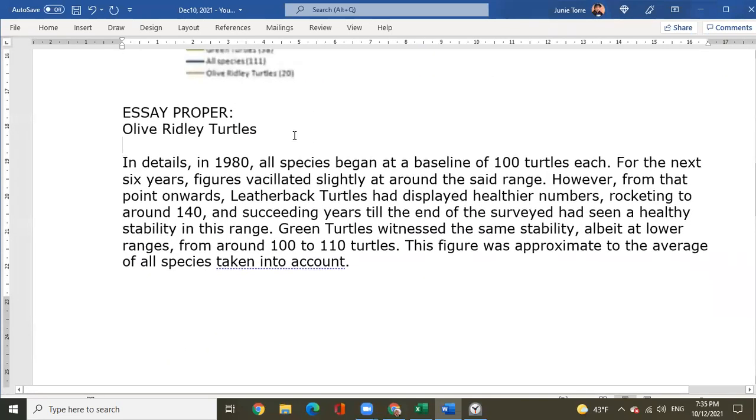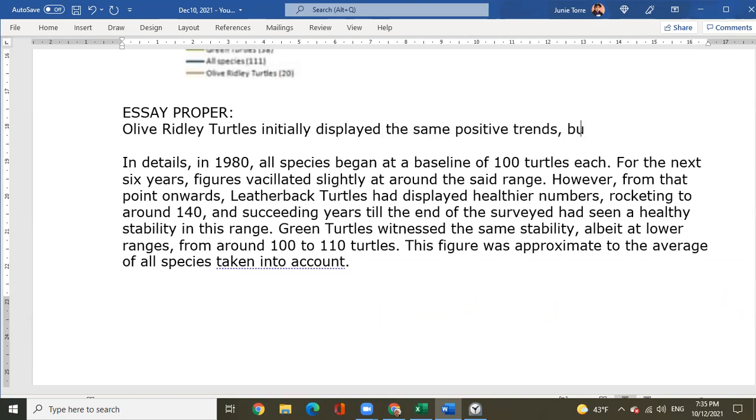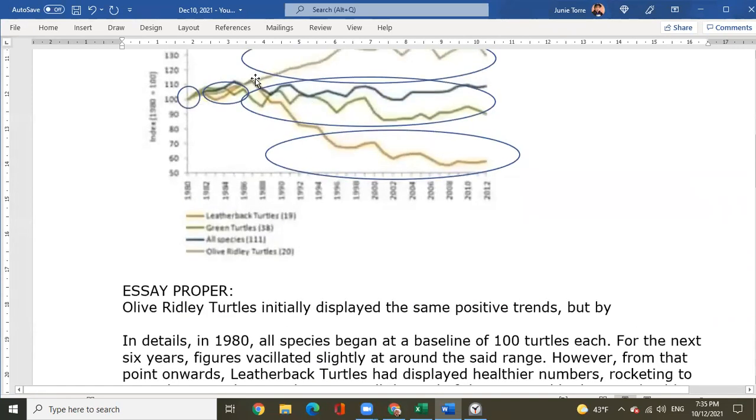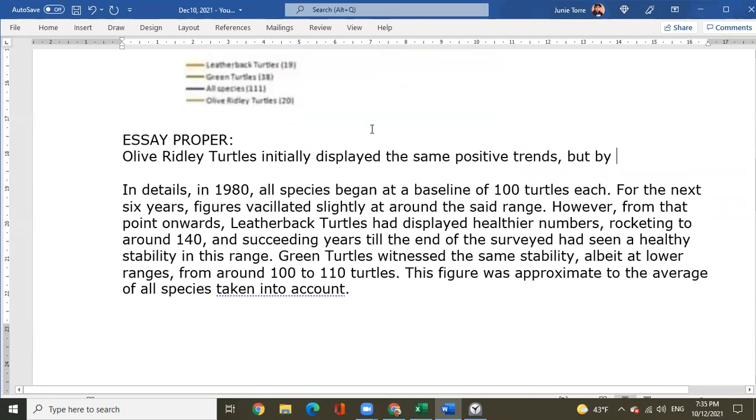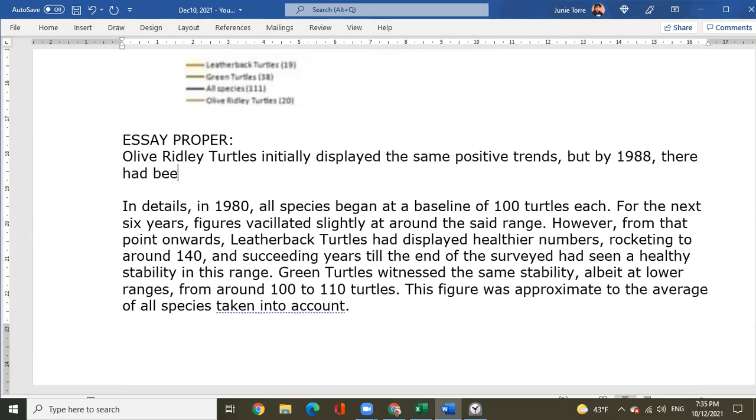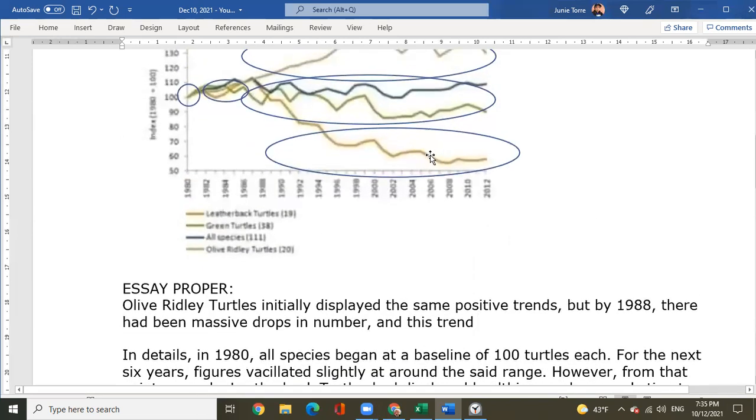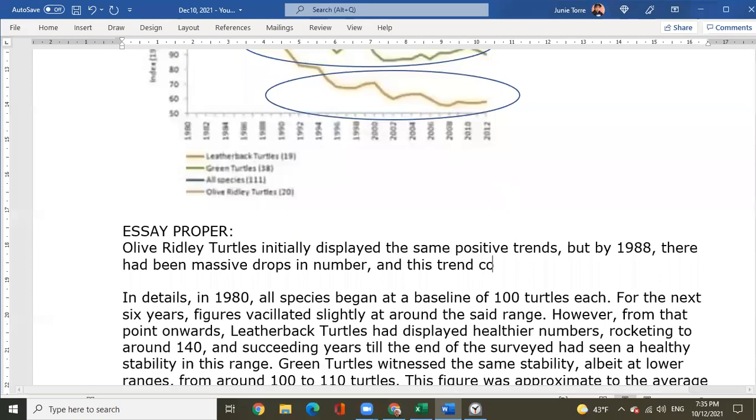Olive ridley turtles initially displayed the same positive trends, but by what year was that? 1988. There had been massive drops in number. And this trend continued well into the new millennium.